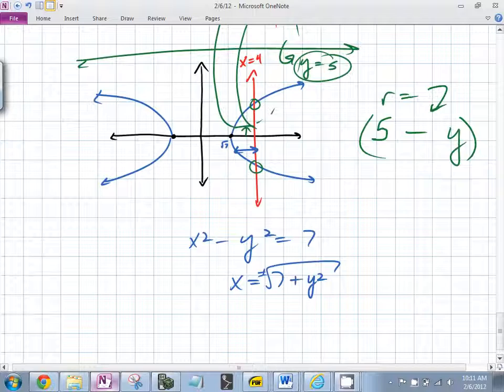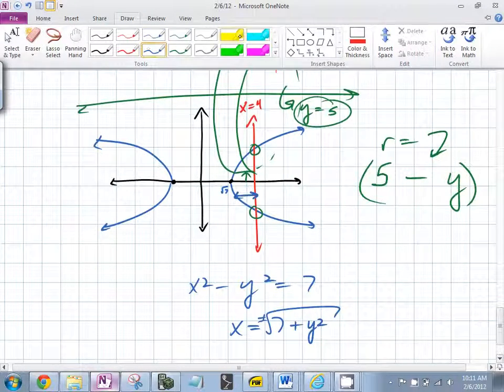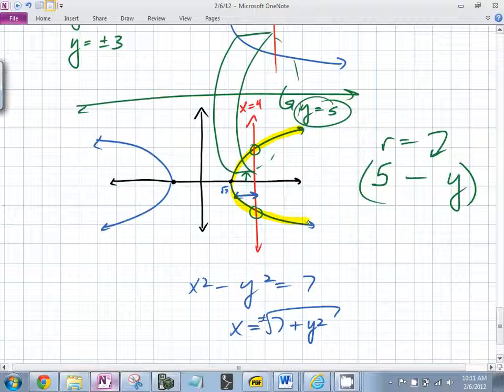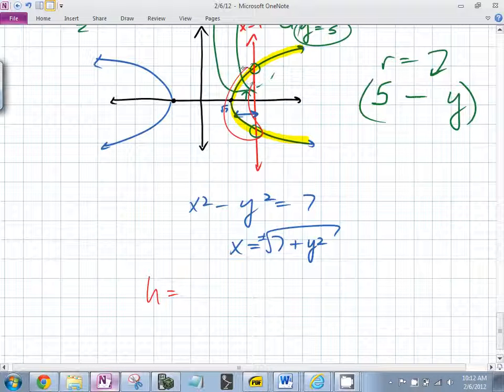Half of them are positive, half of them are negative. We want the ones that are what? Because that's on the, see the yellow right there? All of the x values are positive. So we want the positive one. So if we want the h here, what is h going to equal? Close. It's on the left side. So what do we have to do first? This is the distance between two things.